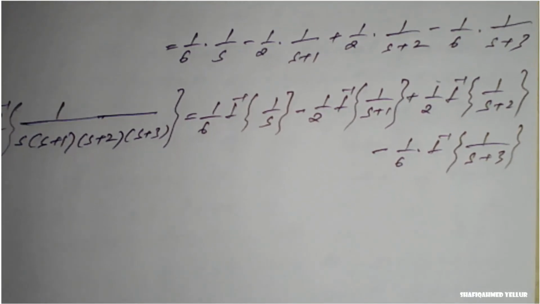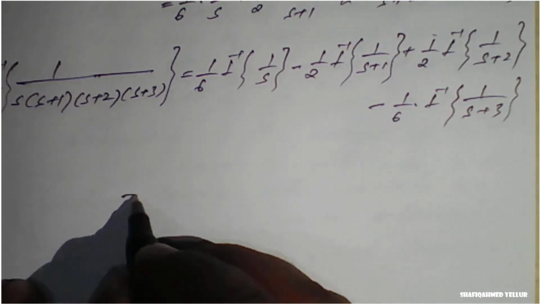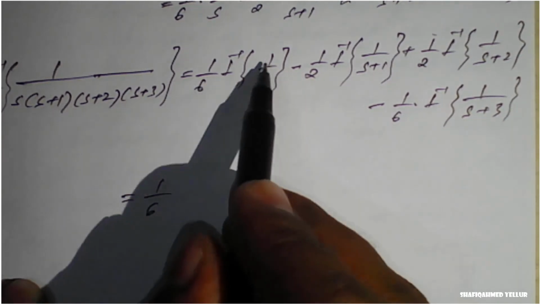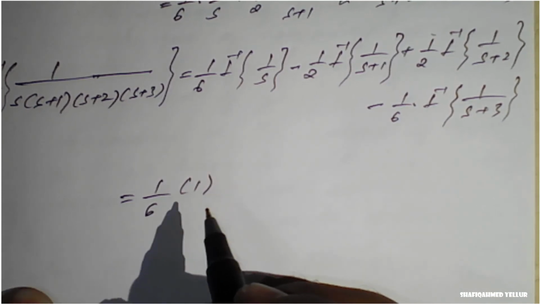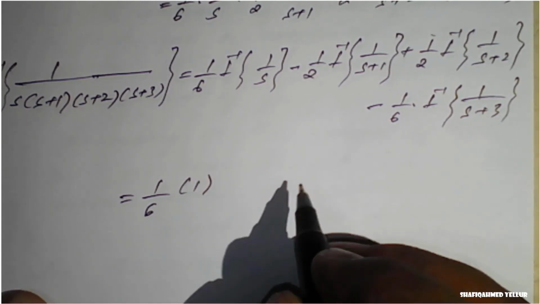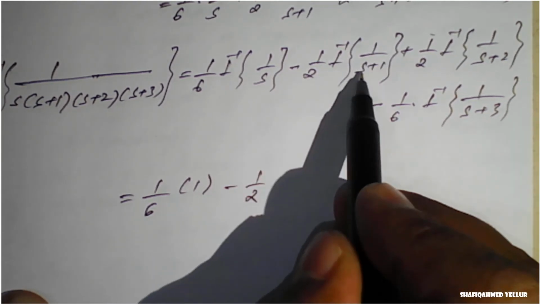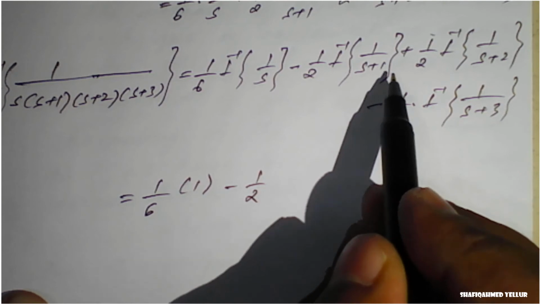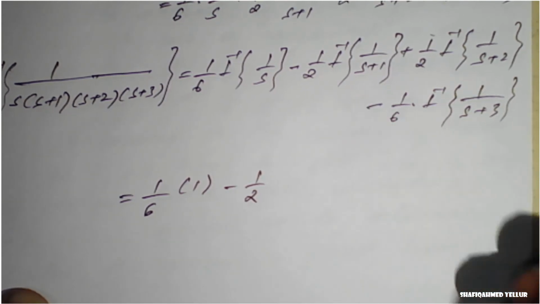So we'll apply inverse Laplace to each term, which is equal to 1 by 6 is a constant, inverse Laplace of 1 upon s is 1, minus 1 by 2 as it is, inverse Laplace of 1 upon s plus 1, that is nothing but 1 upon s plus a, which is e raised to minus at.